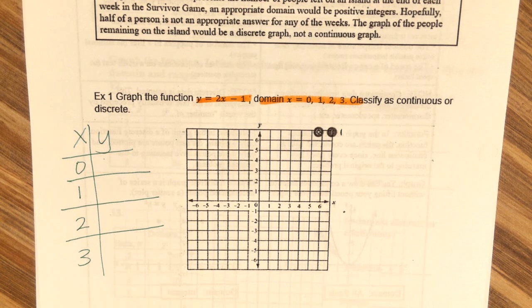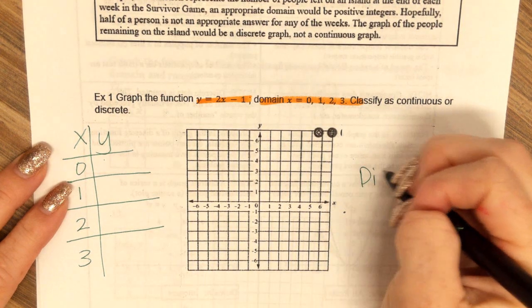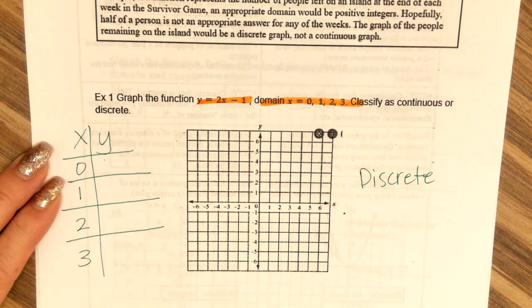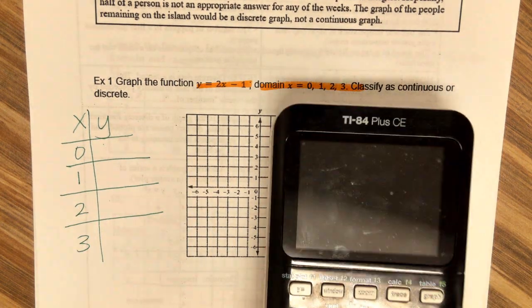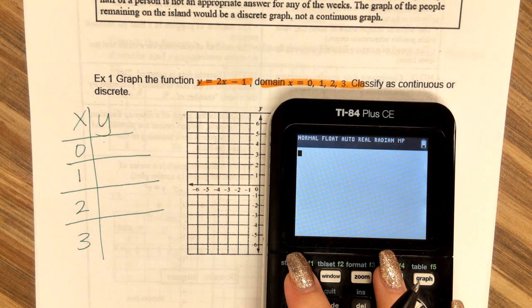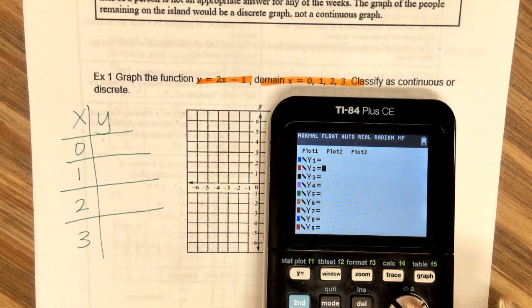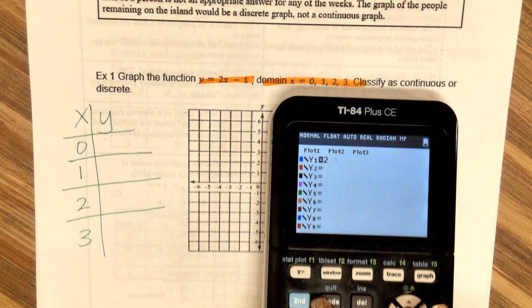What do y'all think? Is it going to be continuous or discrete? Discrete, because they gave me specific domains. So this will be discrete, but we're going to look at it on a graph. How would I fill in this table for the range? What's the easiest way? My y equals button. I'm going to type in 2x minus 1.